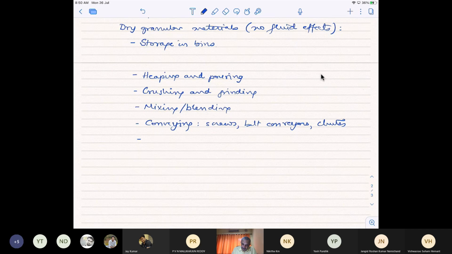And you can also have things like sieving, other separation methods. So these are all processes which are used in industry on a very common basis, in addition to other things like coating, agglomeration, and so forth.